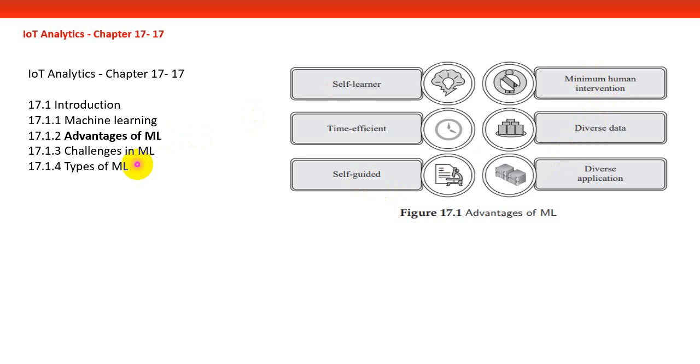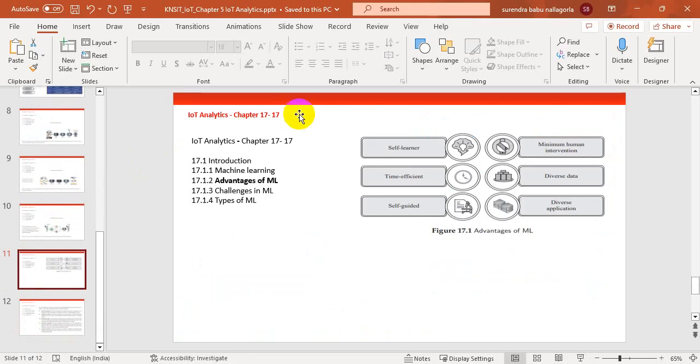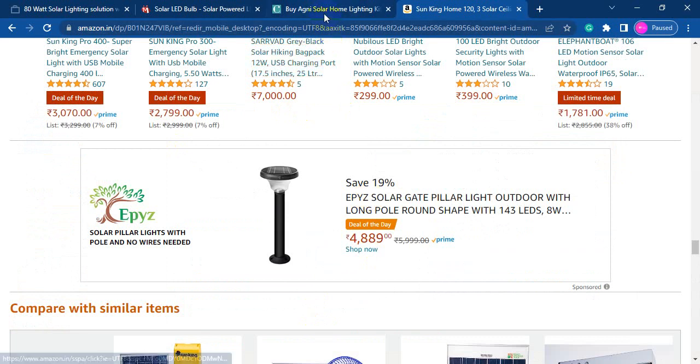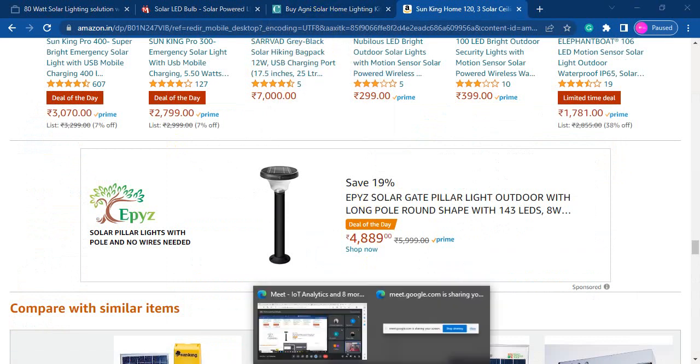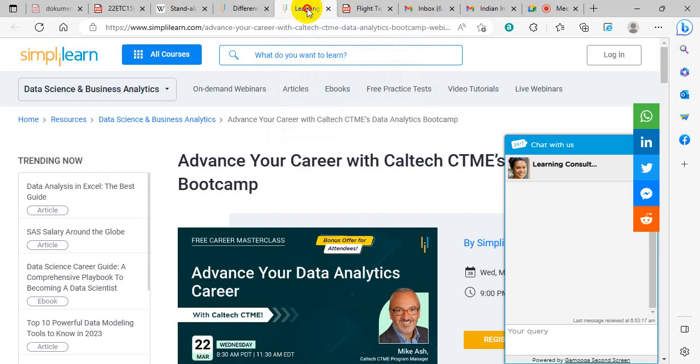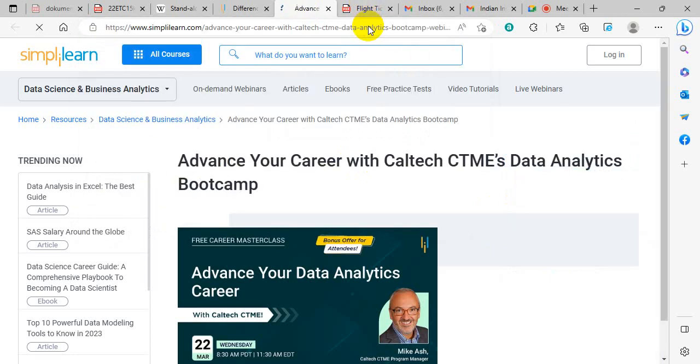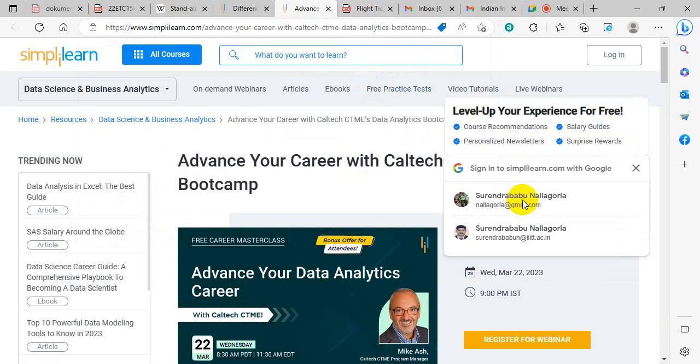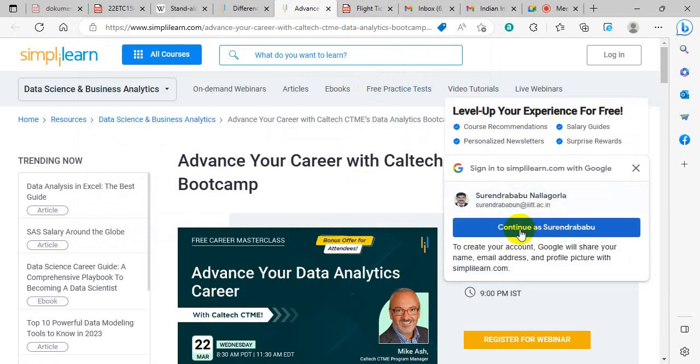Sometimes if you open some chatbots and all, one example I'm telling you here. See here, this is a chatbot. This is a kind of machine learning thing only.